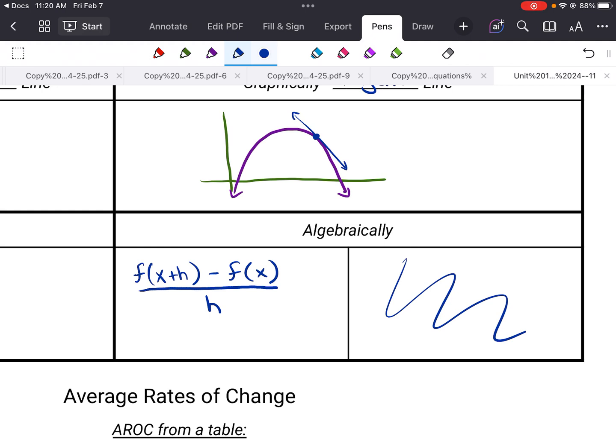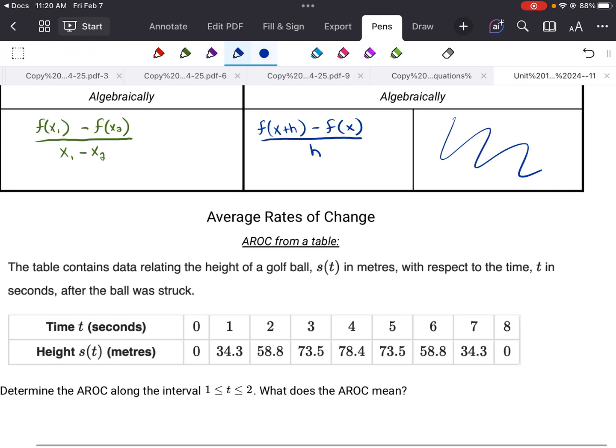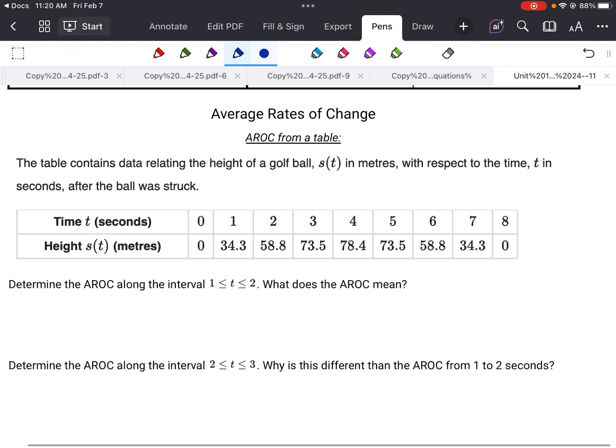And we'll look at these more in depth. I typically add 0.001 to whatever x is, and I think that gives us a pretty good idea of what the instantaneous rate of change is. Okay, so we get into it.